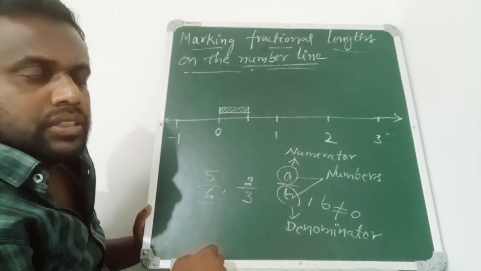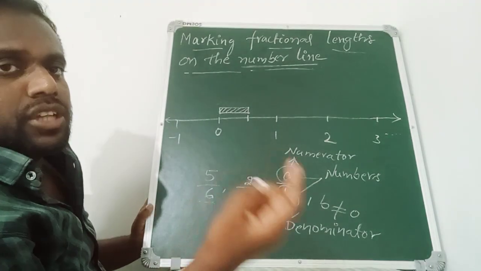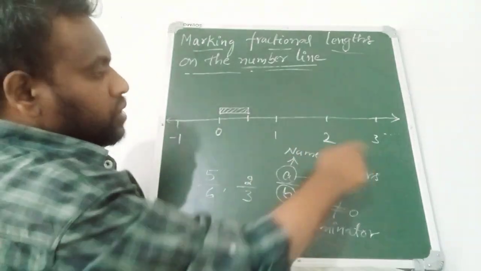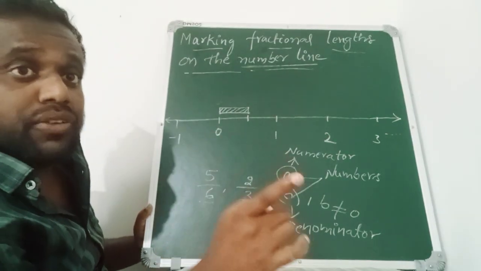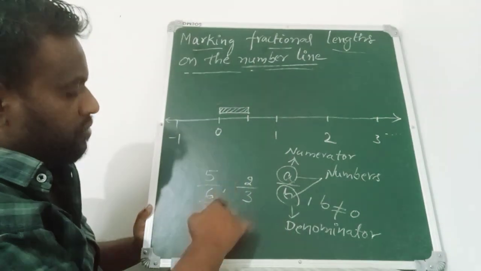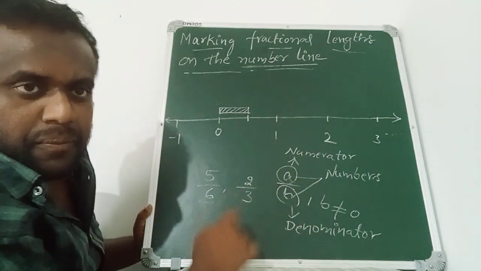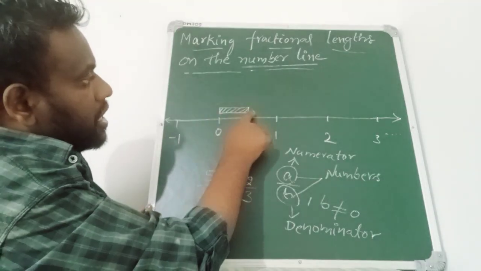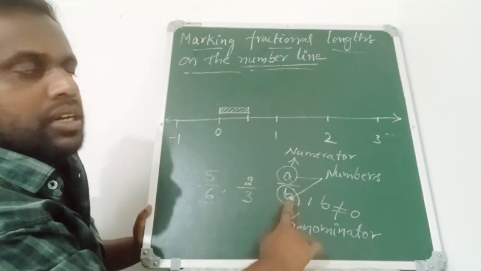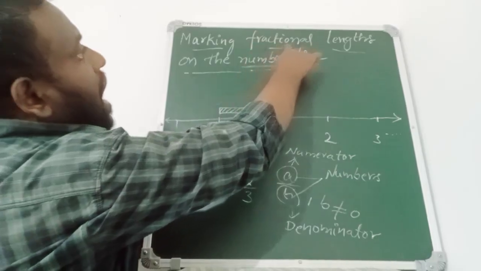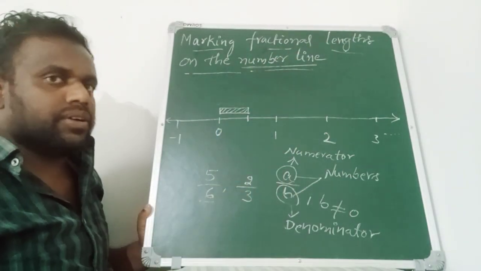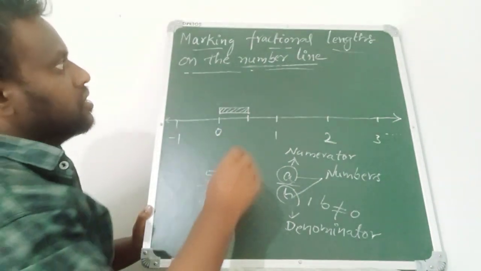It's not a whole number like 1, 2, 3, 5, 6. It will be in fraction form like 2/3, 5/6. That's why they are telling fractional length. Got it? What is the meaning of fractional length?